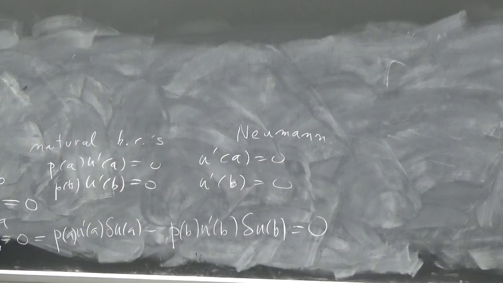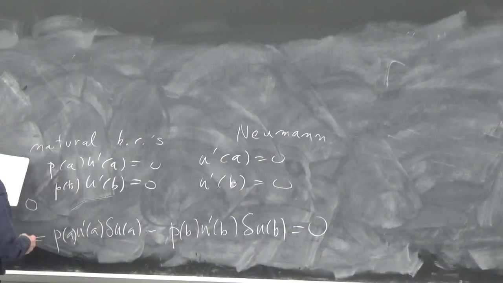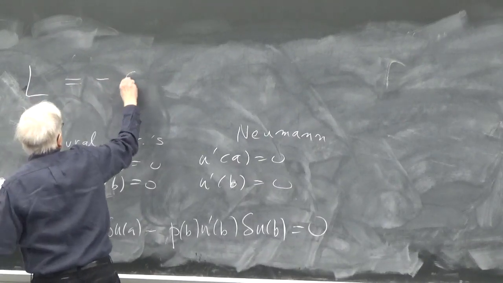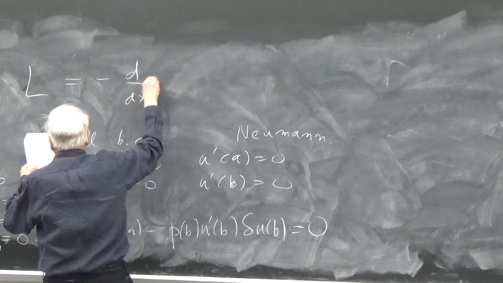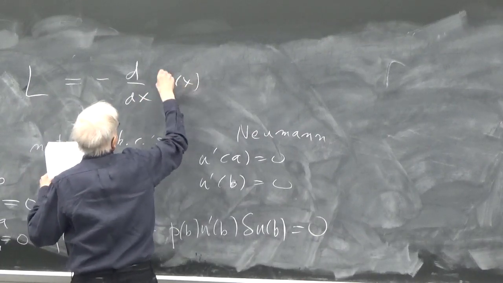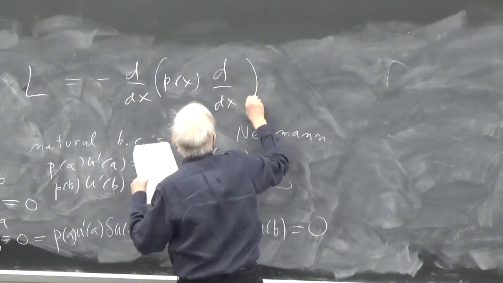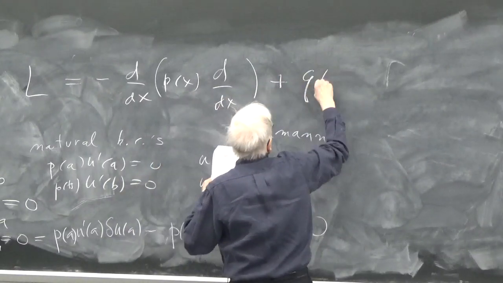So that's why we have these particular natural boundary conditions, and also why we have this definition of a self-adjoint differential operator, namely minus d by dx, p of x, d by dx, plus q of x.